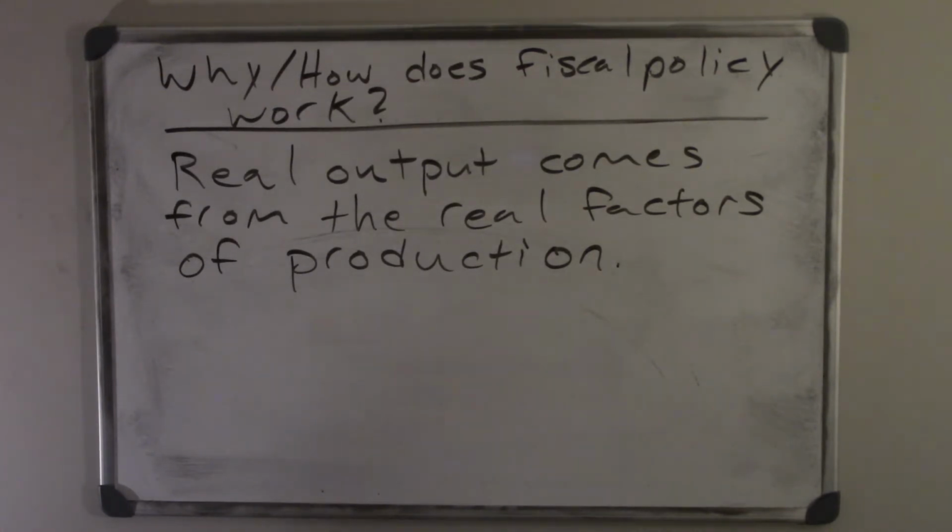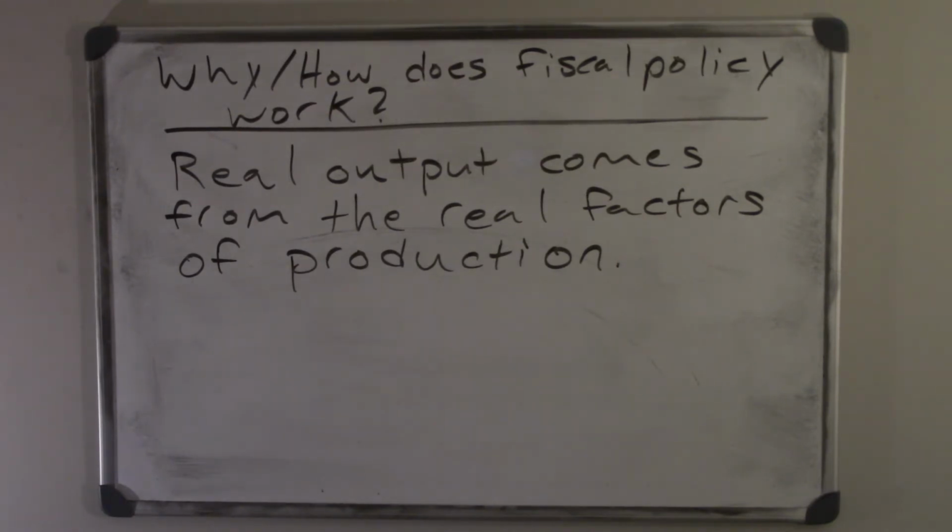But let's consider a hypothetical. Let's say that the government is going to build a dam, right? They want to increase their spending, so they say we're going to build a dam. Building a dam requires a lot of workers, and it requires a lot of resources and inputs, right?